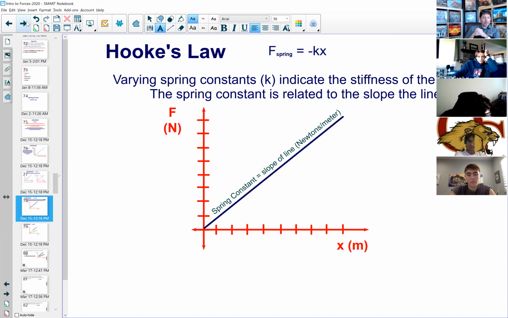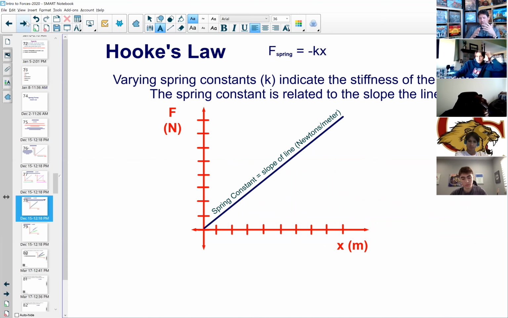The other thing that we can figure out is if we find the slope of this, what would the units for the slope be if this is our graph? Newtons per meter.